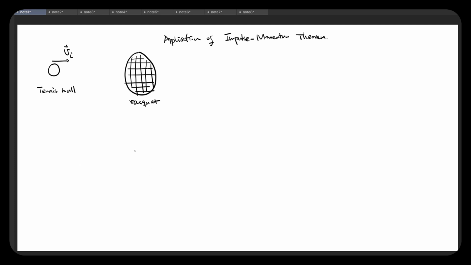And while the ball is hitting the net, the net, of course, will have some deformation, right? So it will be pushed this way, and then here's the instant where the ball is right on the net of the racket.